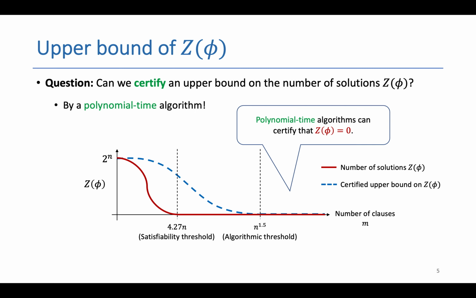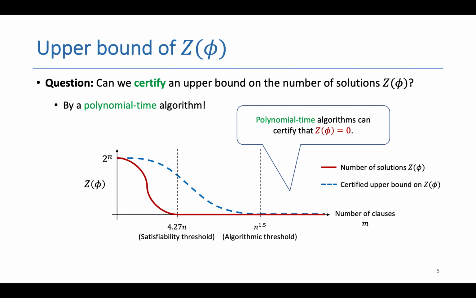So now the question is, can we certify a bound on the number of solutions in polynomial time? Refutation is actually a special case of this question, where once you exceed n to the 1.5, we have algorithms that can certify that there are literally 0 solutions.